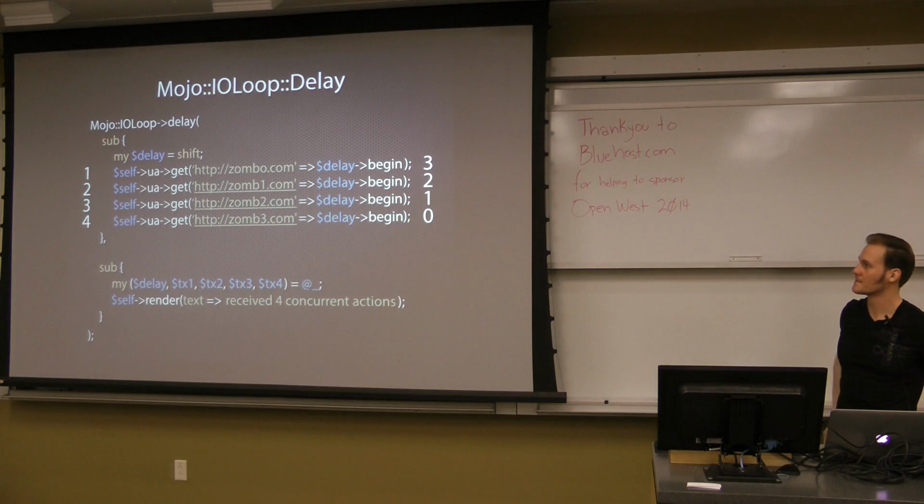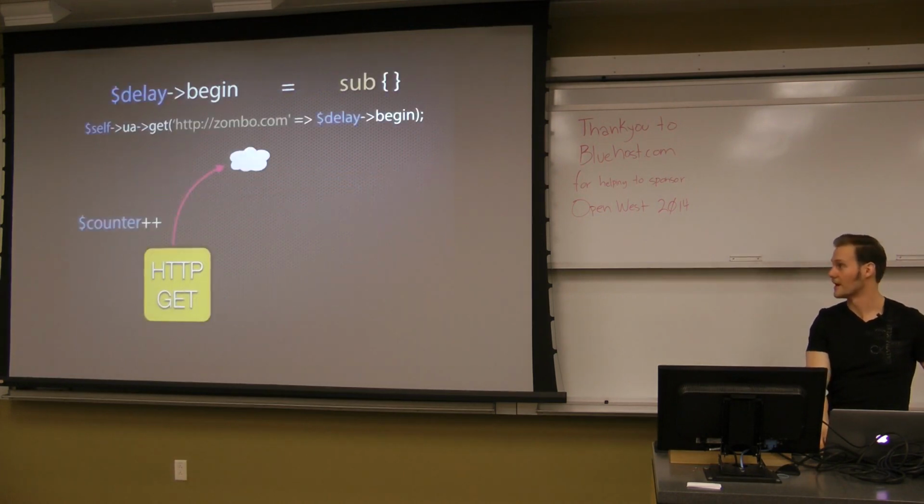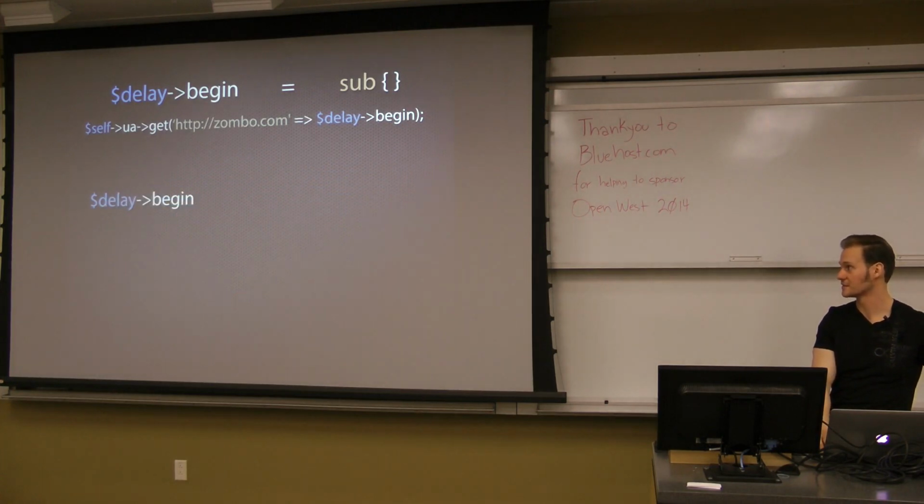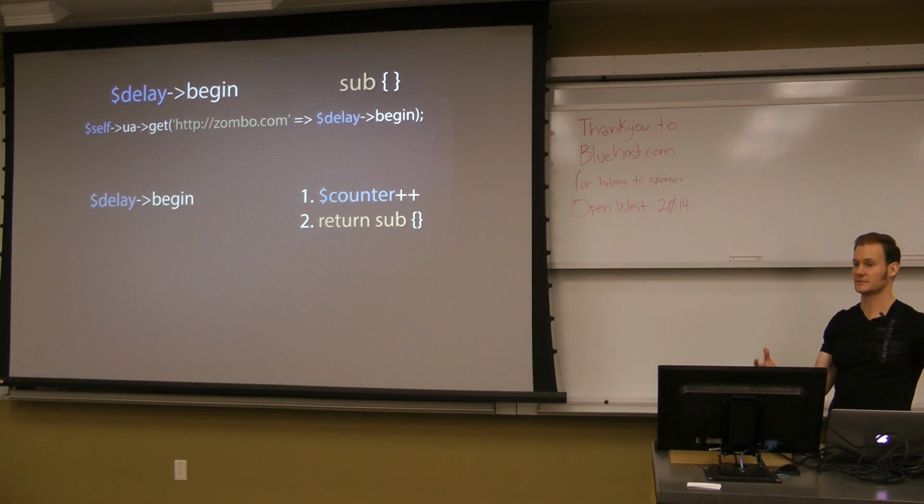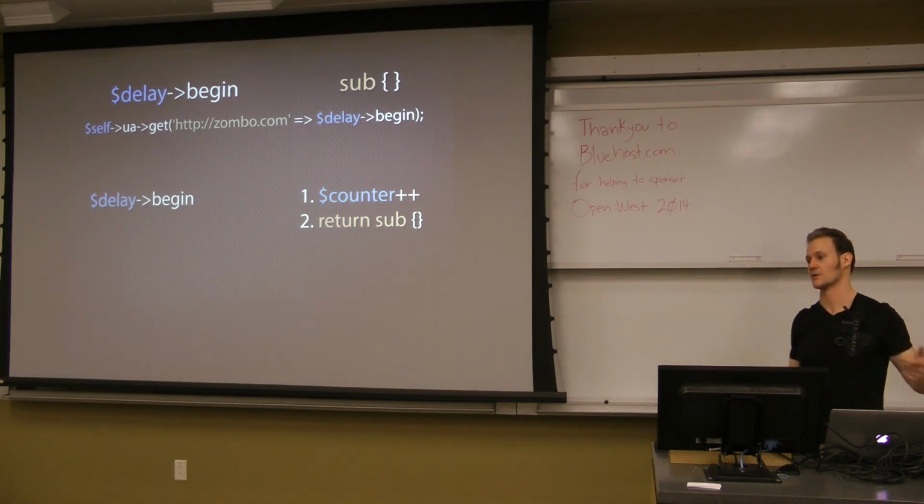The begin call is where that callback is some routine that says, hey, for the next guy, I'm going to be in there. That's why I went over this. Right here is what it does. It increments the counter, and then calls that sub with the response from that network request.